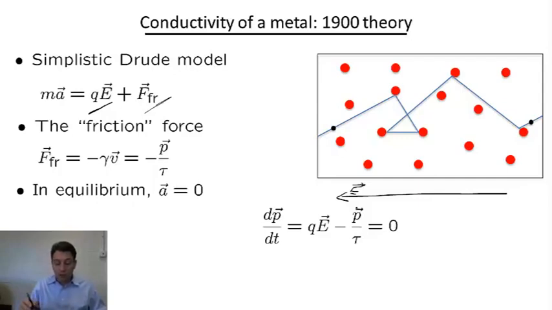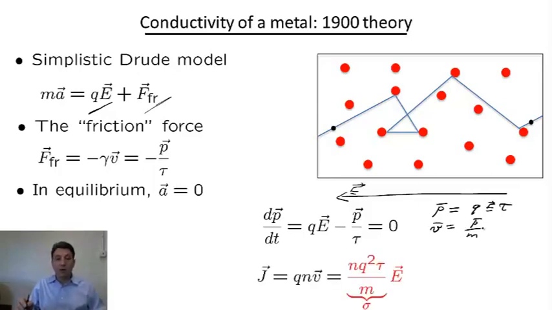Now, from here, we can just solve for the velocity. Momentum from this equation is going to be equal to q times E times tau, and velocity is therefore just momentum divided by the mass. At this stage, we can write the current. The current is simply the charge of the carriers, in this case electrons, times the density of these carriers, how many of those participate in transport, and v is the velocity, which we just determined.